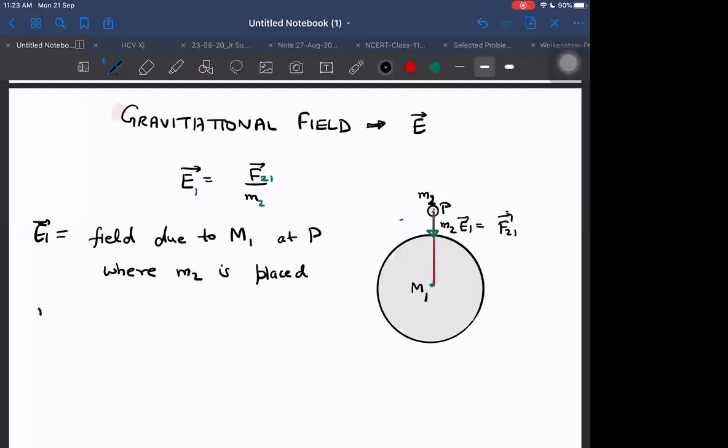And what is F21 here? Force between M2 and M1.